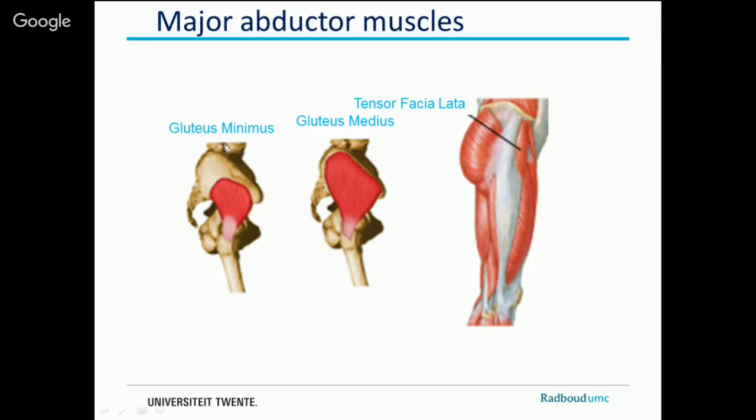Okay, the gluteus minimus and medius, and to a more limited extent, the tensor fasciae latae. So, for example, if you get a hip implant, sometimes the surgeon will go through these muscles, and the muscles will be weakened, and the person has problems walking normally because his abduction power has reduced.